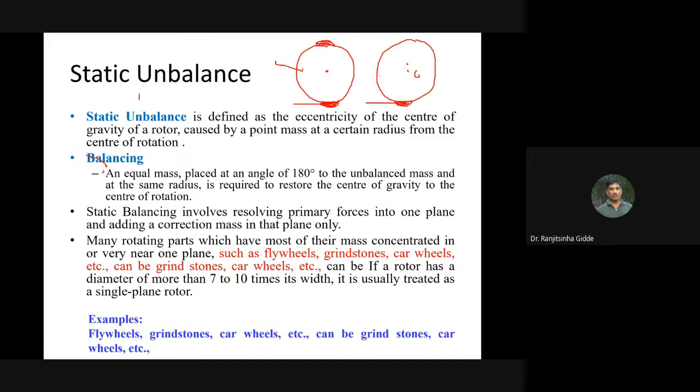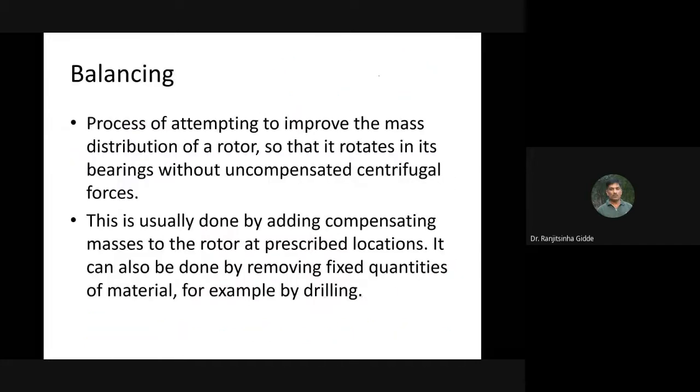So balancing is the procedure with which an attempt is made to improve the mass distribution. It is the process of improving the mass distribution of a rotor so that it rotates in its bearings without uncompensated centrifugal force.